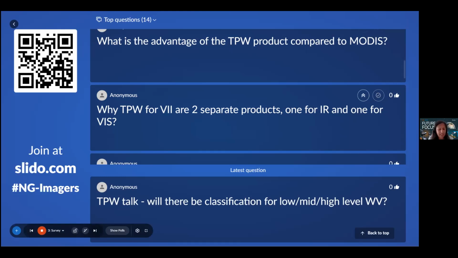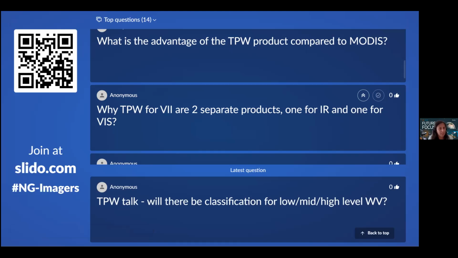The other reason is that if we go for 1 product, and we could do that because our 1D retrieval allows us to put together all measurements, we have a discontinuity between day and night, because the visible bands are not available at night, so they have to be switched off. During the day, you have both visible and infrared.